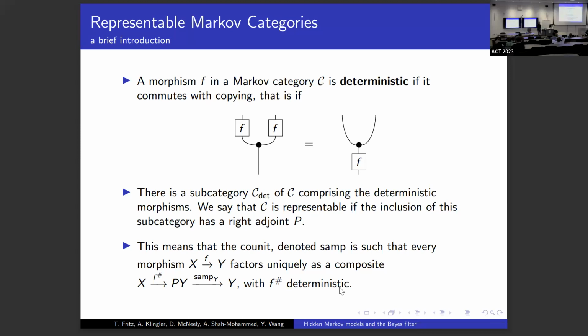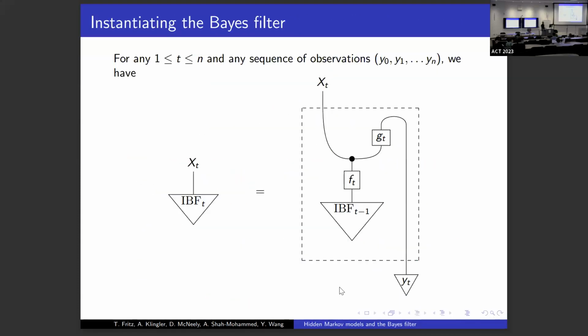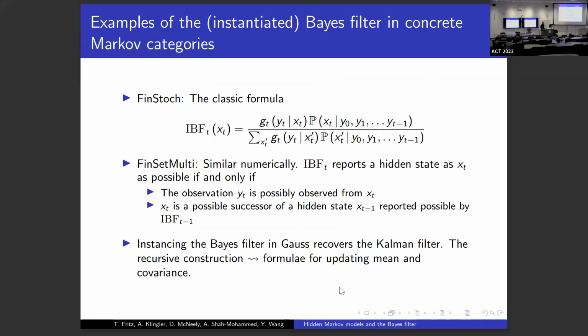James: On the second or third to last slide, you talked about three different settings. Oh, one more. Yeah, this one. So in FinStoch we get this formula, in FinSet multi we have this local check, and in Gaussian distributions we get the Kalman filter.